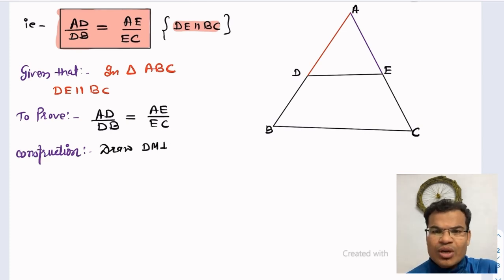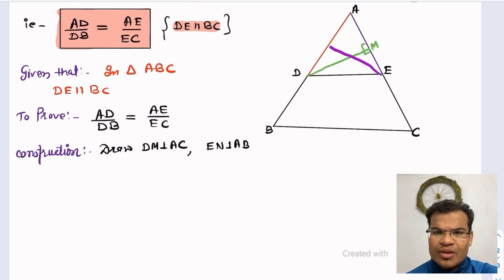So DM will be perpendicular to AC, and EN, the second perpendicular, we'll draw. We have to remember this statement, right guys? We have to remember the given, to prove and construction. So EN is perpendicular to AB. So I have drawn EN and DM perpendicular to AB and AC.